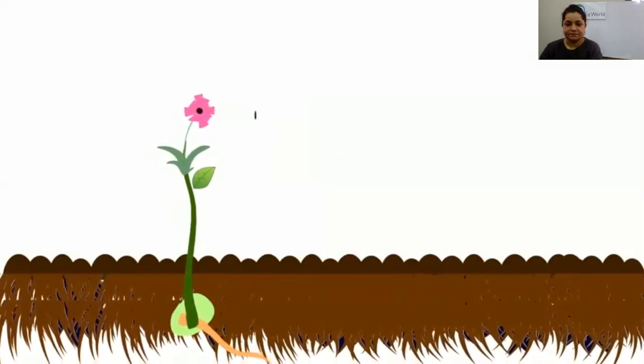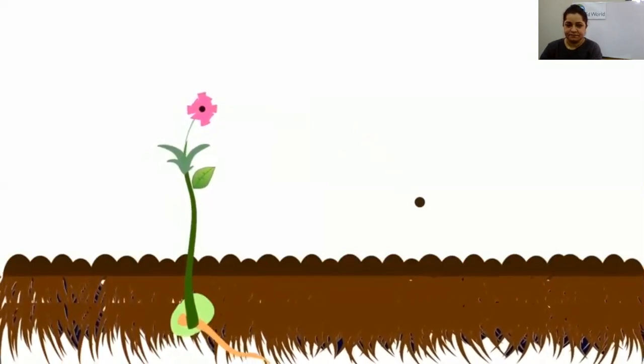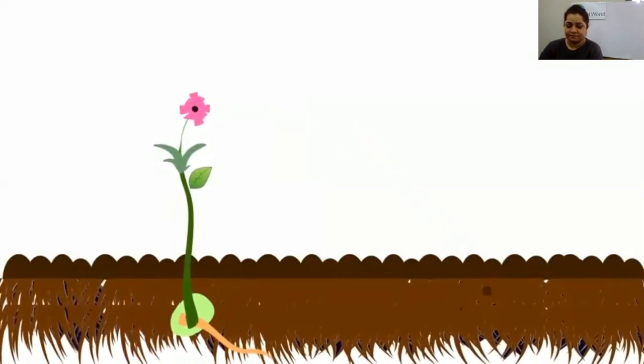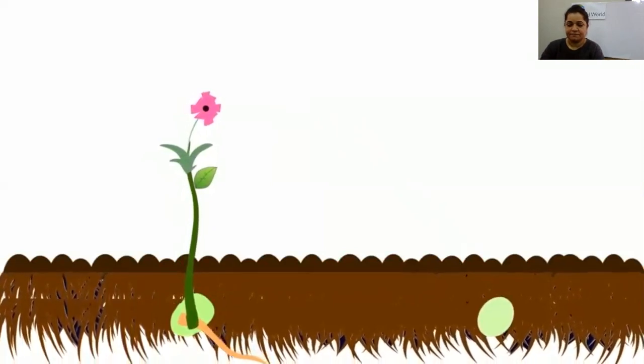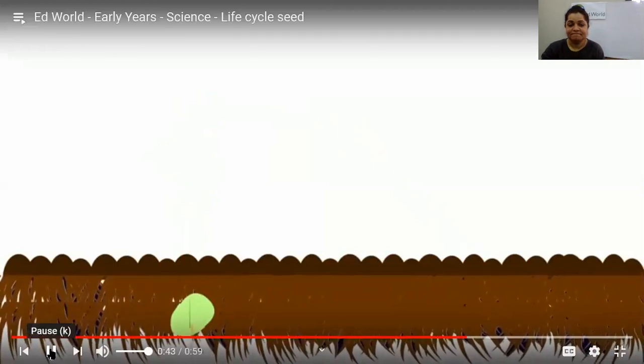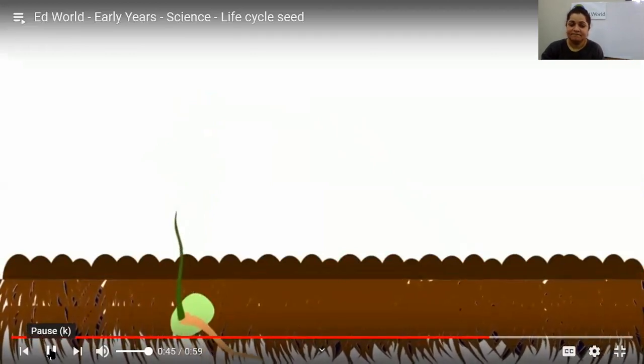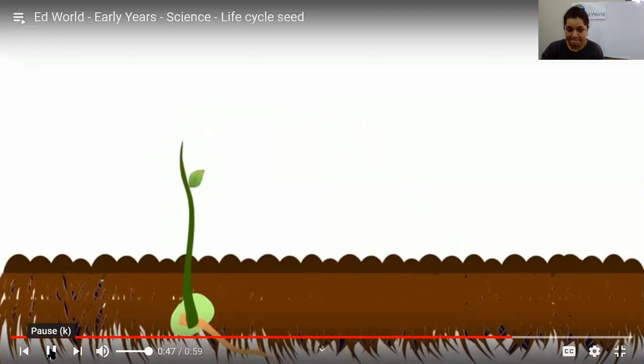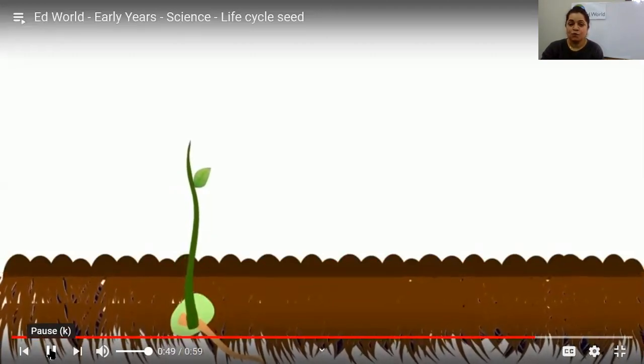Then the seed falls again in the soil, and the life cycle of a seed continues with the same process of the roots coming out under the soil, the stem growing up with the leaves and the flower.